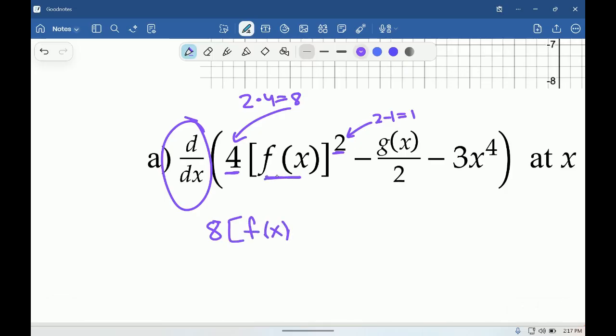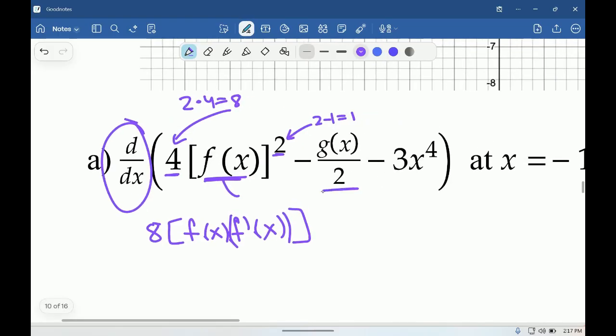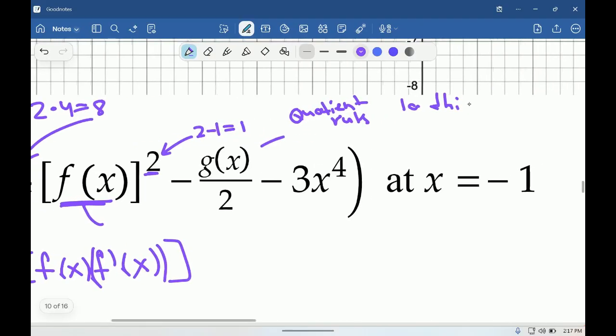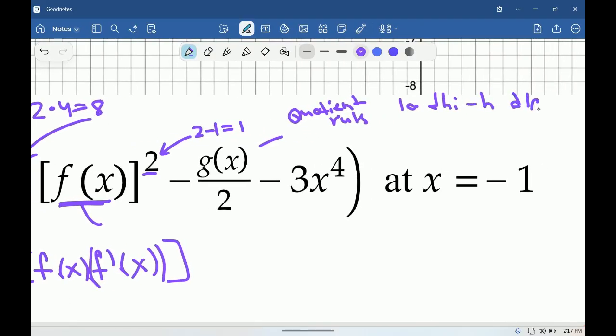But we also need to find the derivative of this, so we're going to plug that in right next to it, like so. And now we need to find the derivative of this. And to do so, we're going to need to use our quotient rule, which is low d high minus high d low over low low.